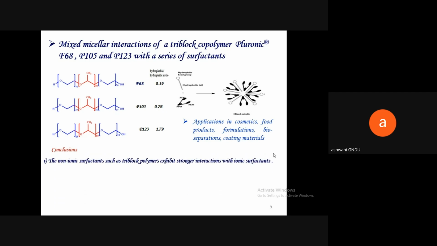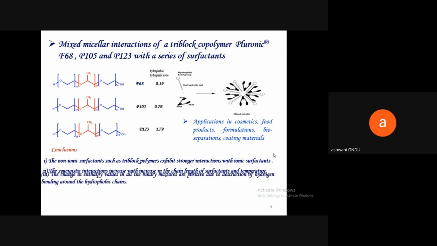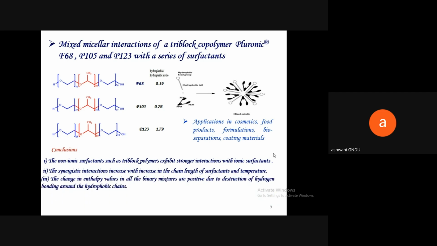The conclusion of this study is that the non-ionic surfactant exhibits stronger interaction with the ionic surfactant. The synergistic interaction, meaning attractive interaction, increases with the increase in the chain length, and the enthalpy changes are positive due to the destruction of hydrogen bonds around the hydrophobic part of the surfactants. These studies have been published in reputed journals.